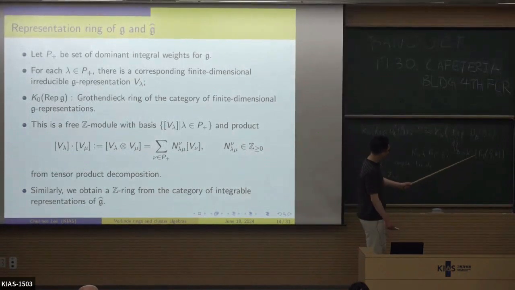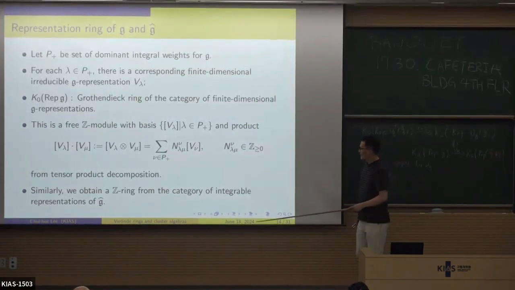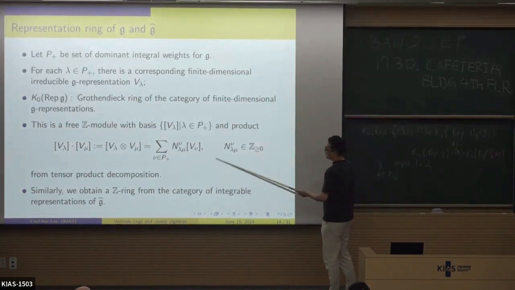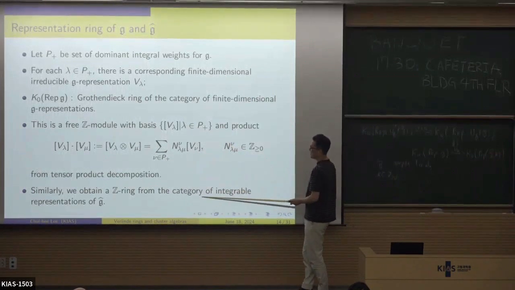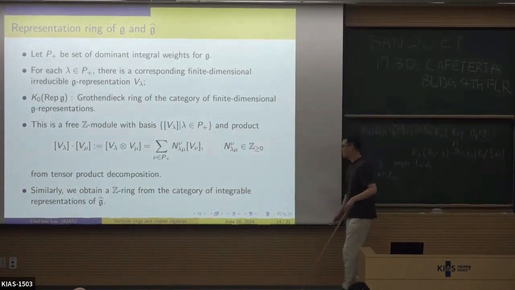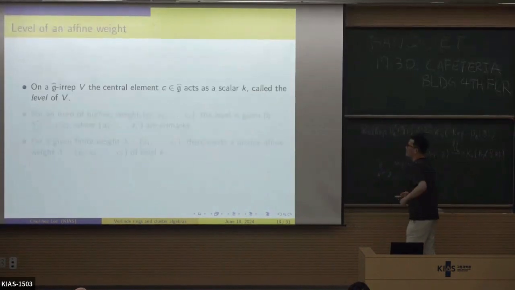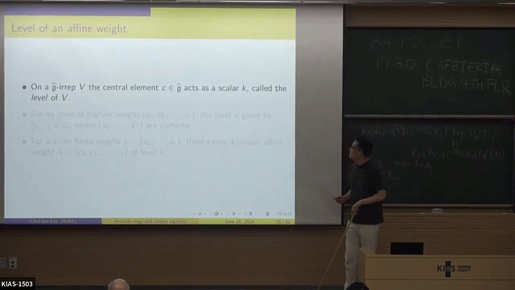Here I'm talking about g hat, but here I put another parameter k. This is very analogous to this ring, but we don't consider it as the main object here.